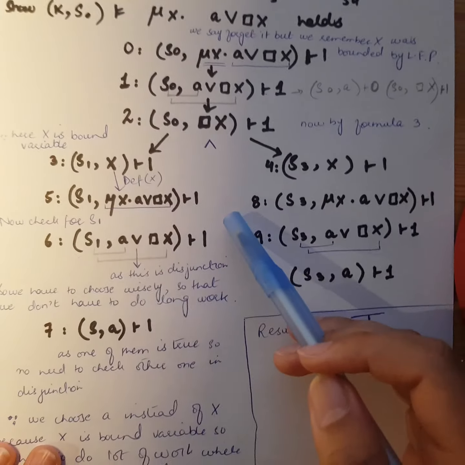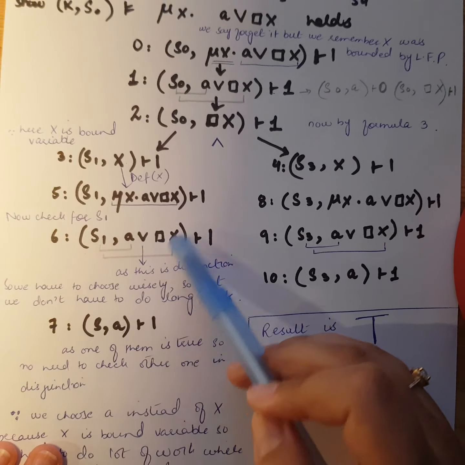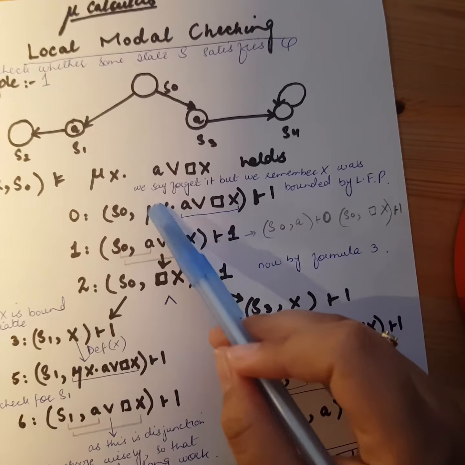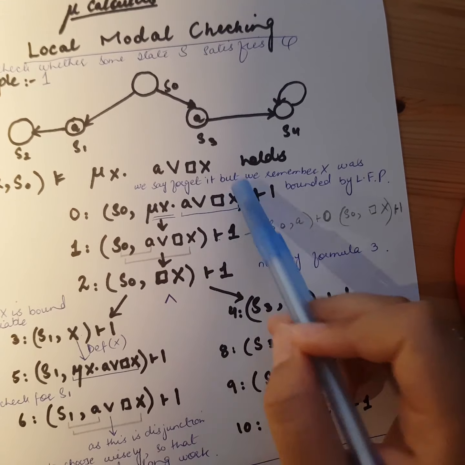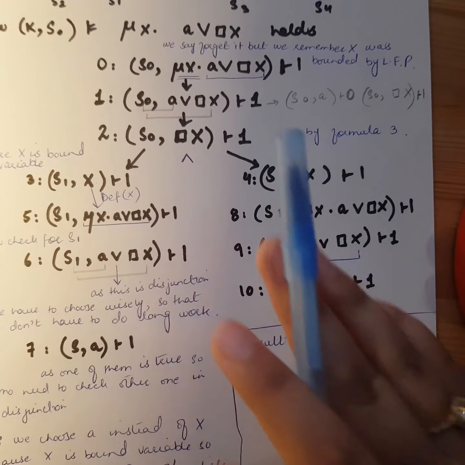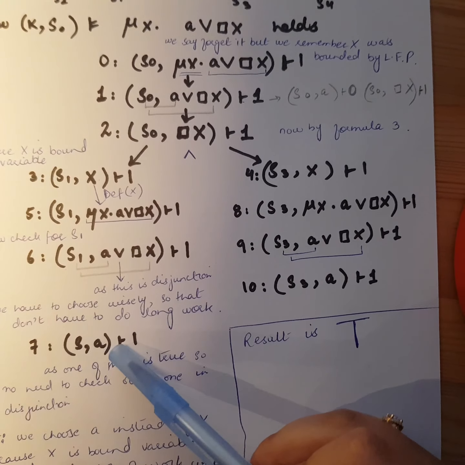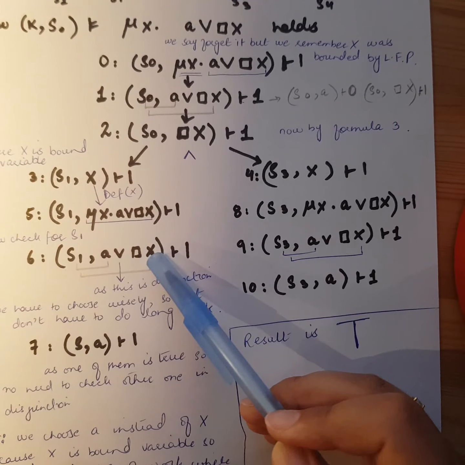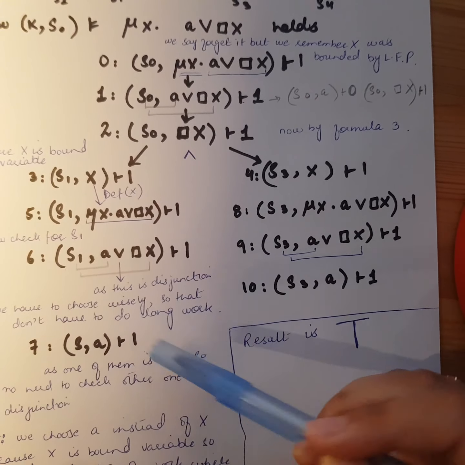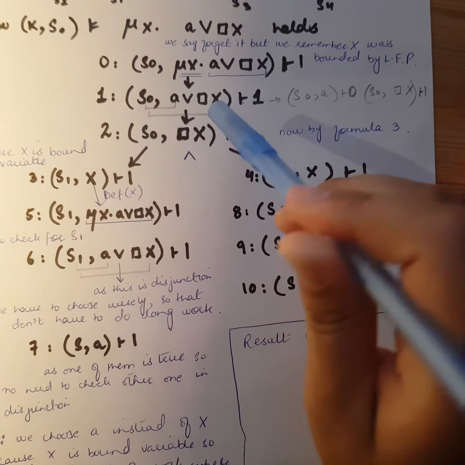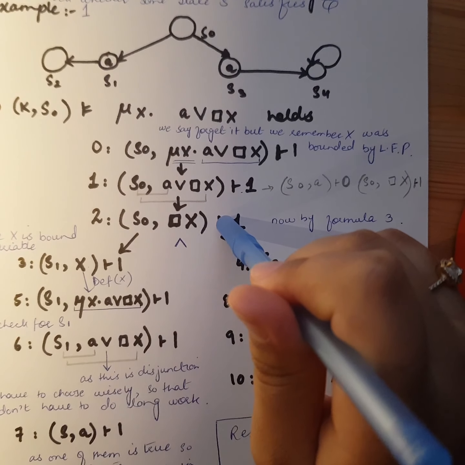We don't have to check S1 and ◇x, because ◇x is a little complicated to solve. We would have to put this in again, and it will go on. So we will solve for S1 and a. S1 and a is true, and since there was an OR condition, it means it's true. So these all are true, so we are true at this point.